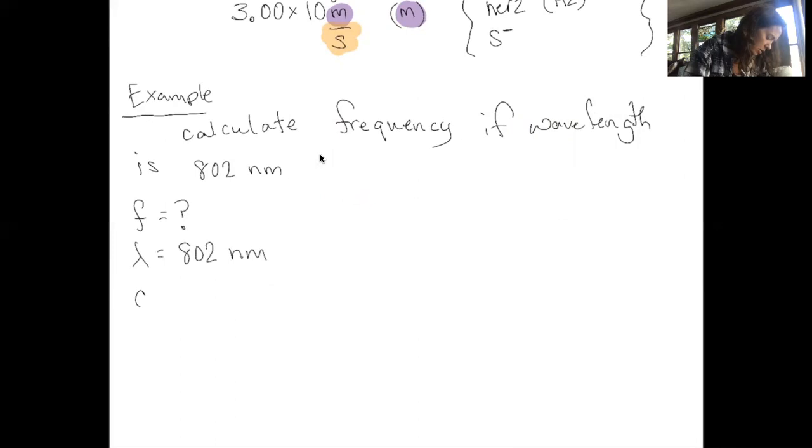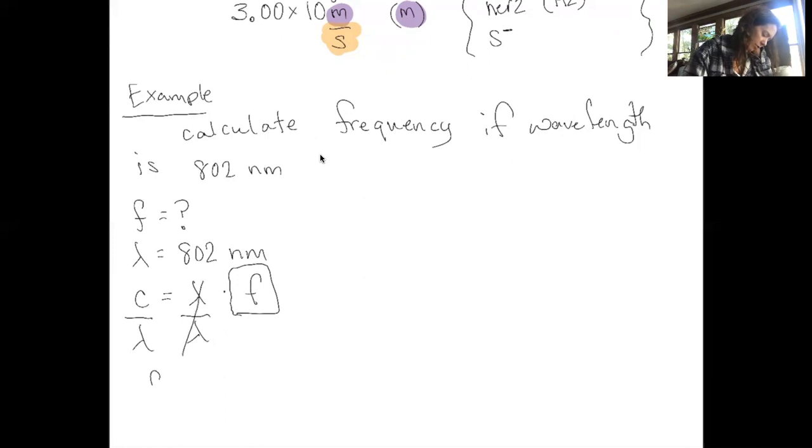Then I know that there's an equation as such which relates these two variables. I need to solve for my frequency. So I will divide both sides by my wavelength. Doing algebra, this will cancel.